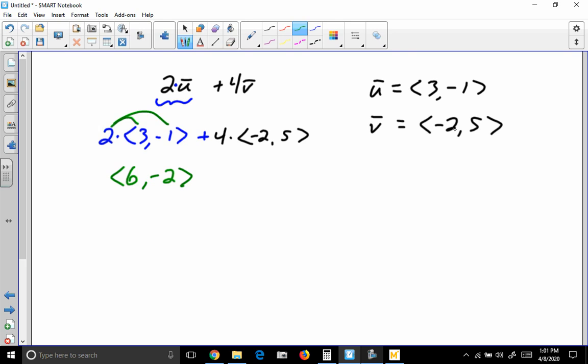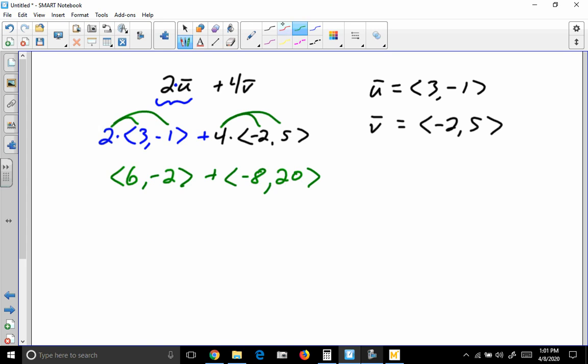If we draw this vector 4 times, then we're going to go to the left 2 four different times. So 4 negative 2's will be negative 8. And we're going to go up 5 four different times. So 4 5's would be 20 in the y direction. So this is what 2u makes. This is going v 4 times.